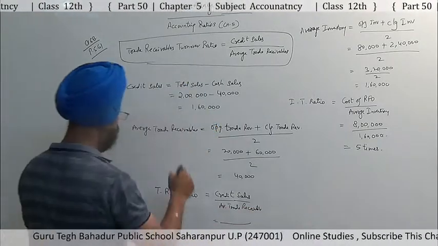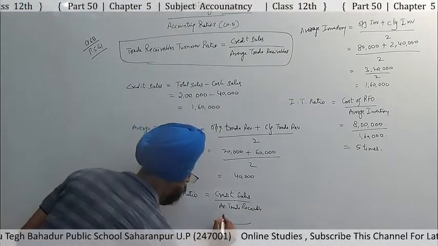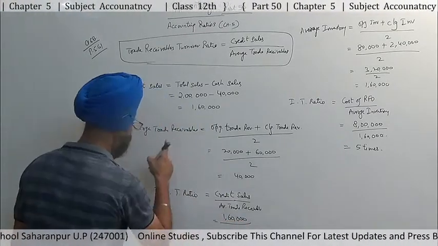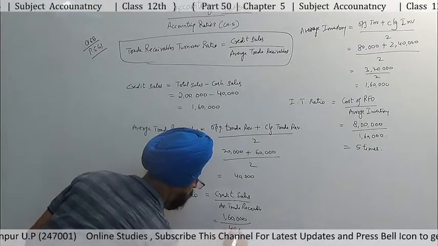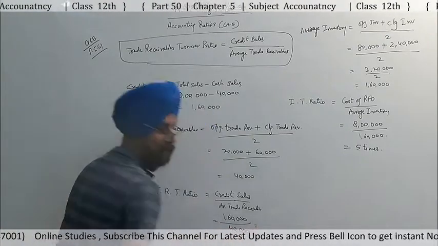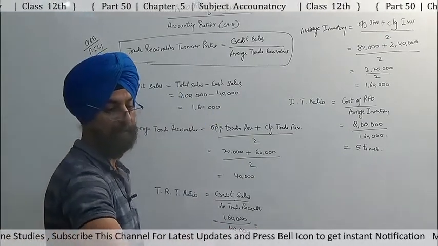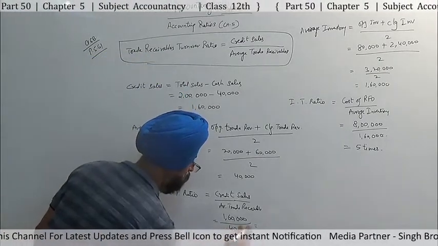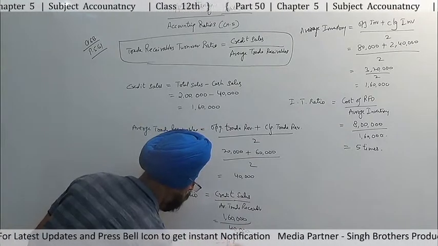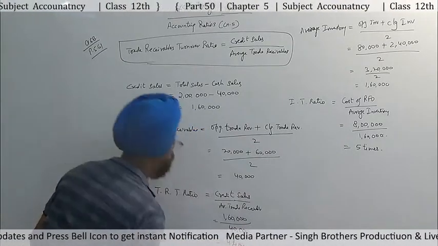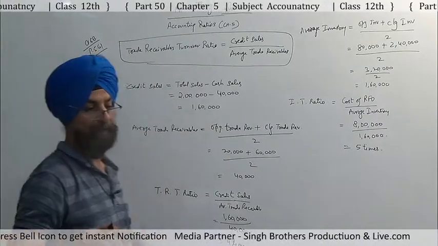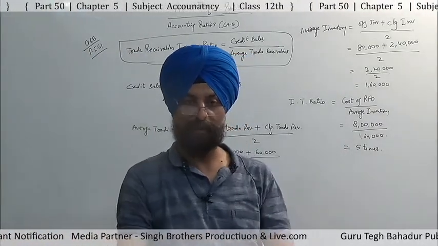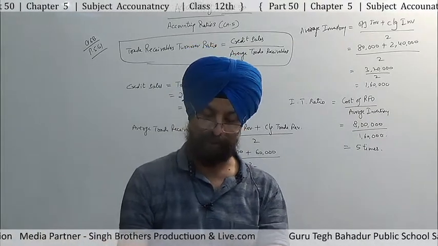Credit sales is 160 and average trade receivables is 40,000. In this way, we'll get 4 times. Cut these values, we'll get 4 times trade receivables turnover ratio. And also see, students, the next ratio in the same category is average collection period.